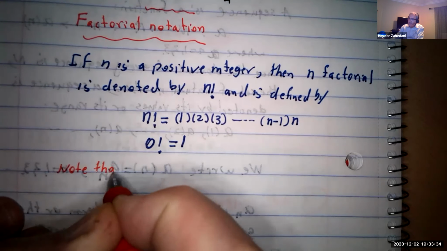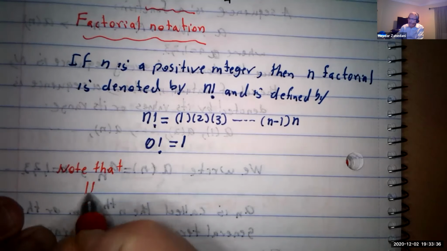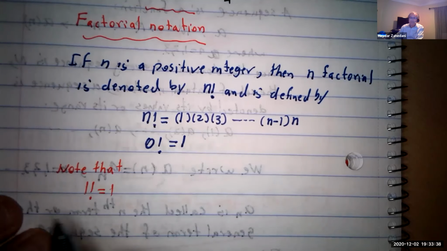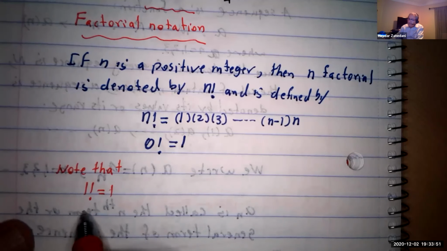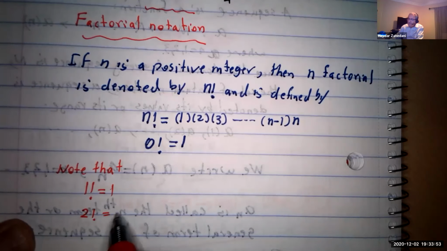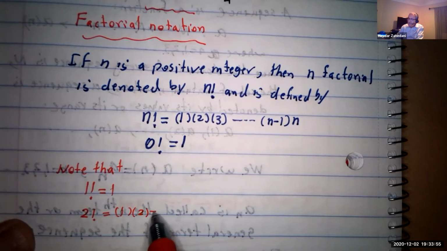Note that, for example, 1 factorial would be just 1. The product of all the numbers up to 1, we get only 1. Then if you want to check 2 factorial, it would be just 1 times 2, which is 2.